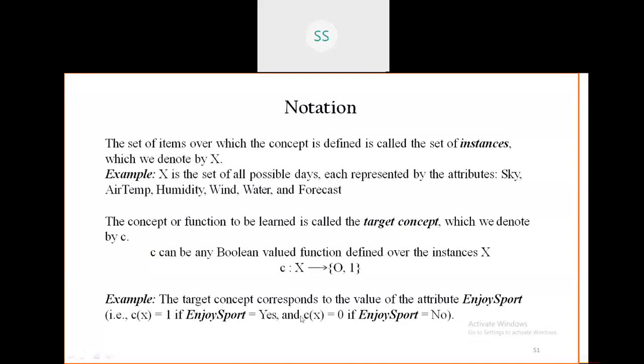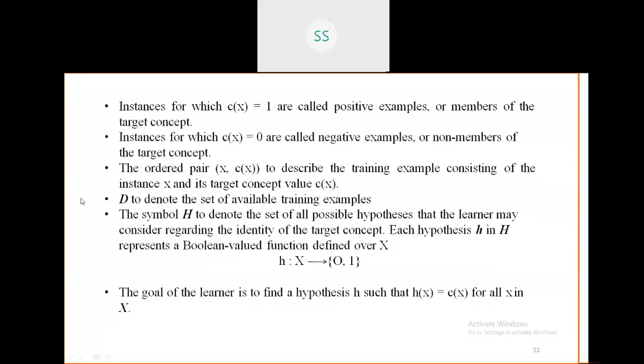If the item has not been chosen, it is 0, so enjoy sports becomes no. This is how you can construct the function.